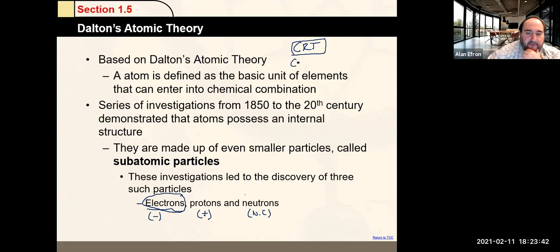CRT stands for cathode ray tube. And perhaps you're familiar with a cathode ray tube. If you have seen an older TV that has a big back on it, not like a flat screen, or maybe an older computer monitor that goes out in the back as well, those are usually CRT tubes.